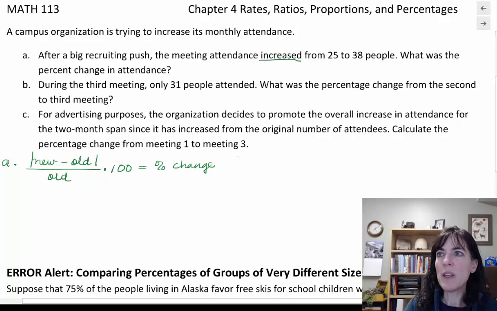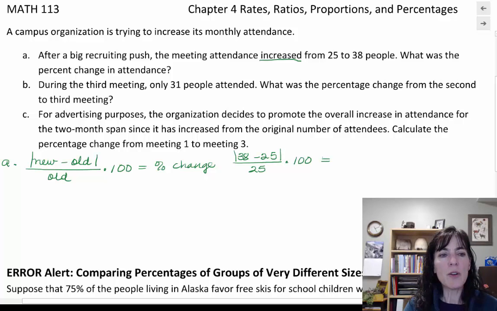And so for me, the new, for this case, is 38 minus 25, that's the old. We'll take the absolute value of that over the old times 100. And so we can calculate that. 38 minus 25, I get 13.